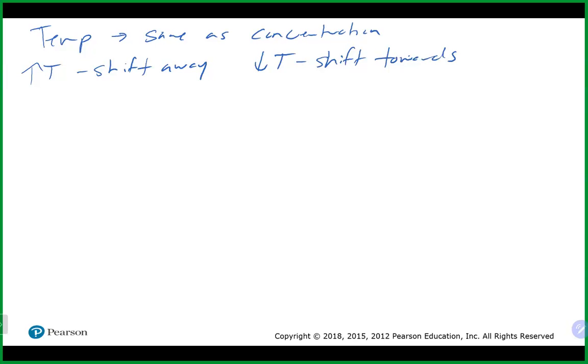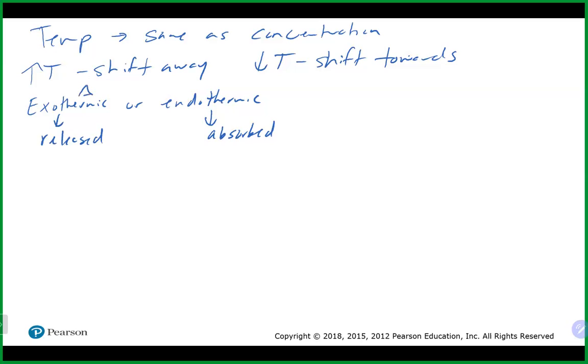And it has to do with whether or not the reaction is exothermic or endothermic. And if you remember, exothermic means heat and energy is released, and heat and energy is absorbed in an endothermic process.